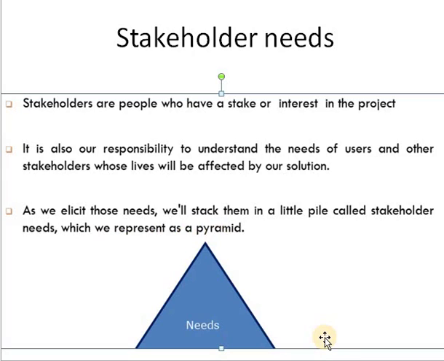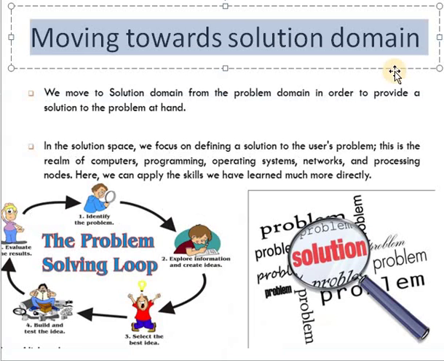So basically, after gathering or elicitation of such needs, we will take them in a pile by the name of stakeholder needs that we can represent as a pyramid, which will be basically the needs of the user's representation. So next we will see what is moving towards the solution domain.